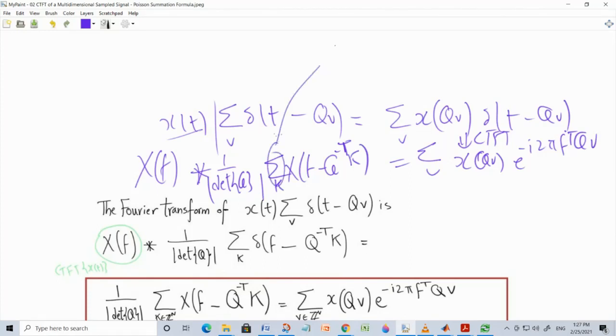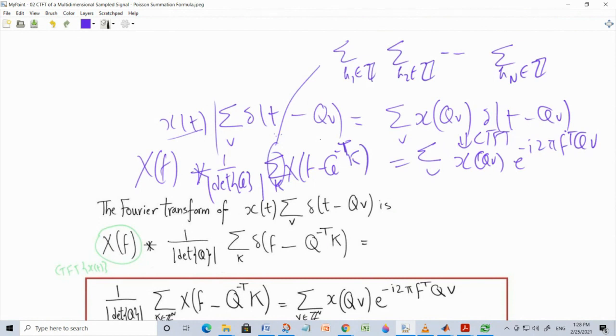So this is a shorthand for the summation over k1 in Z, k2 in Z, up to kn in Z. So we have n summations. Like in one dimension, if the Dirac deltas are spaced by Ts in the time domain, they are spaced by 1 over Ts in the frequency domain.